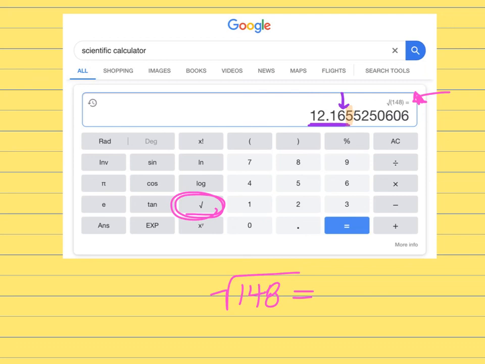So I would say that the square root of 148, instead of equals, I would say it's approximately. Let me erase that and change it. The square root of 148 is approximately, so I have wavy equal signs, 12.17.